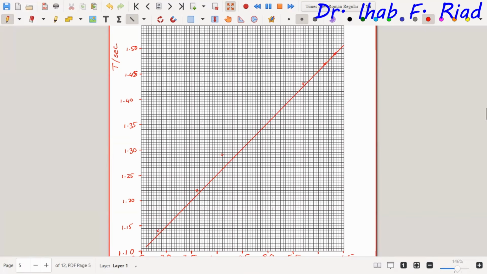Okay? Can you see this line that I'm moving? Yes, I can. Okay. Then with my ruler, I try to go through as many points as possible.